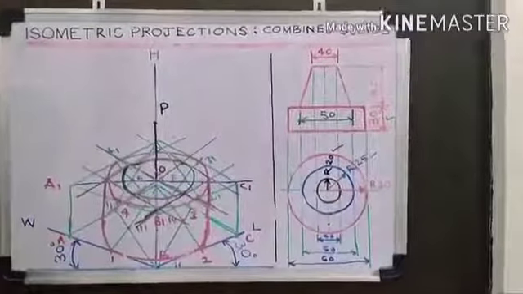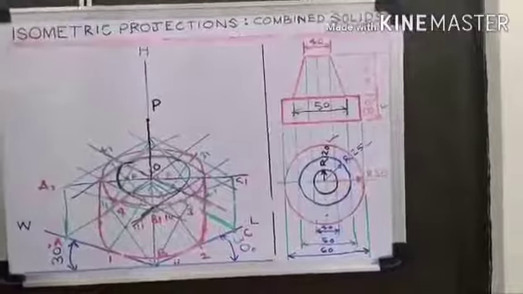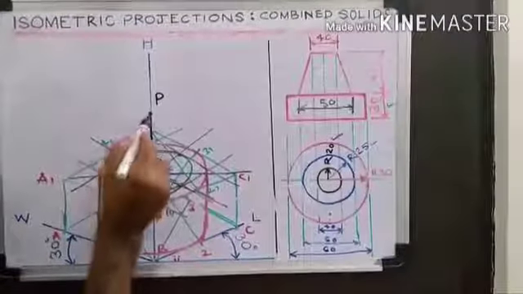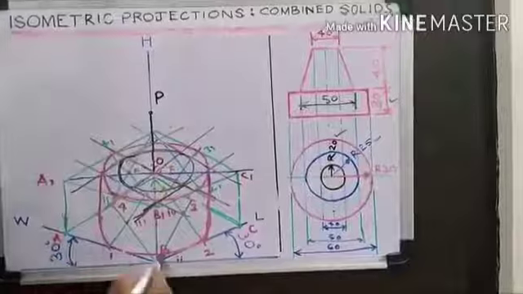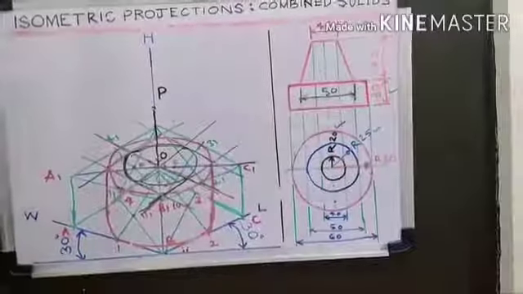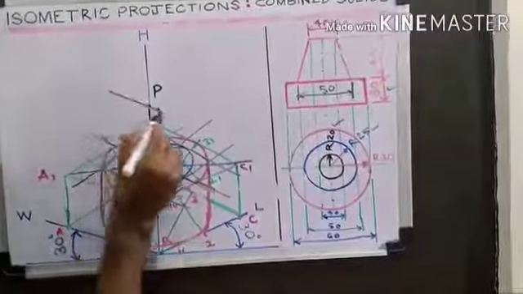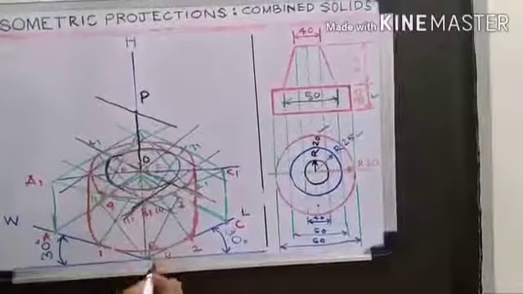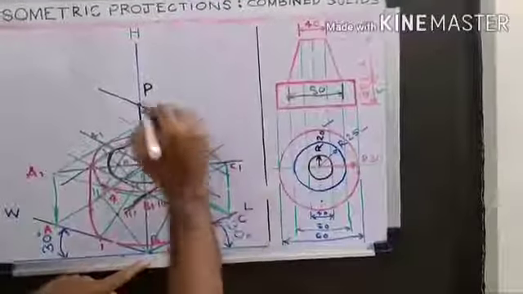Now from this point it is going to be most important for you. Passing through P, draw a parallel line to A1B1. Passing through P, draw a parallel line to BC.